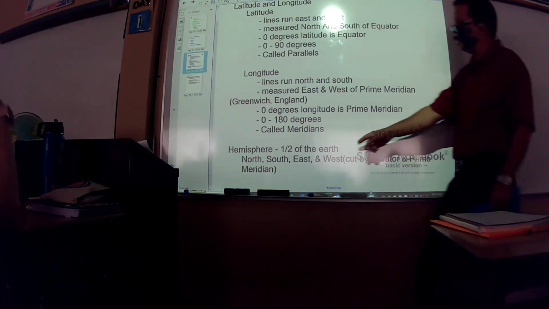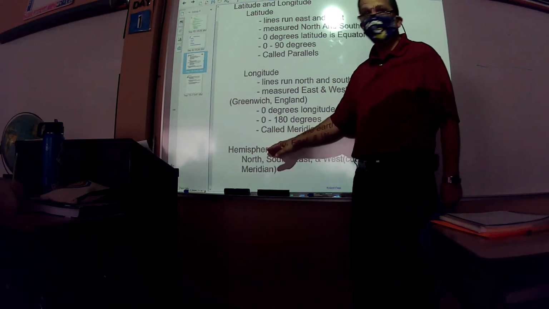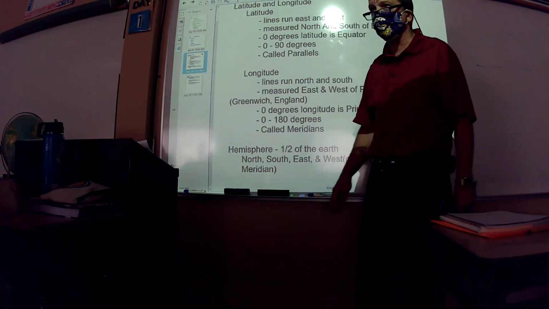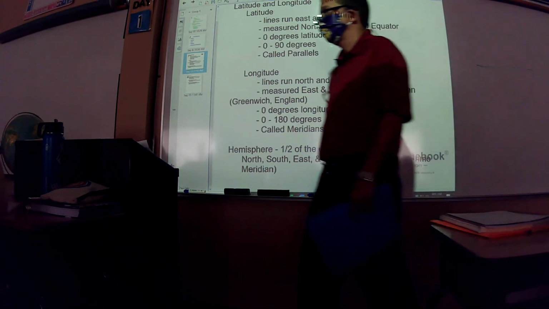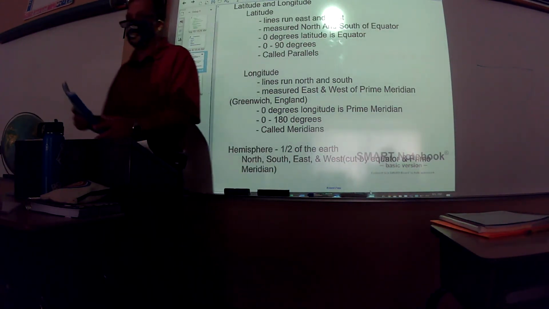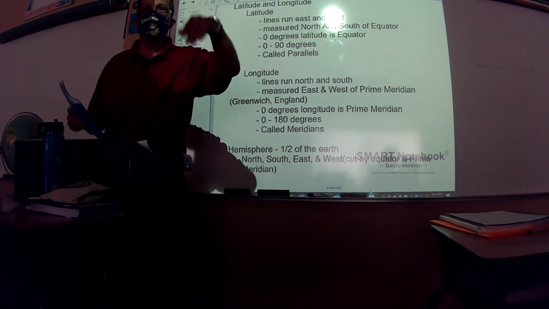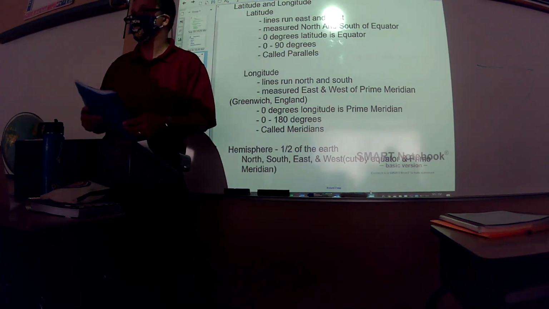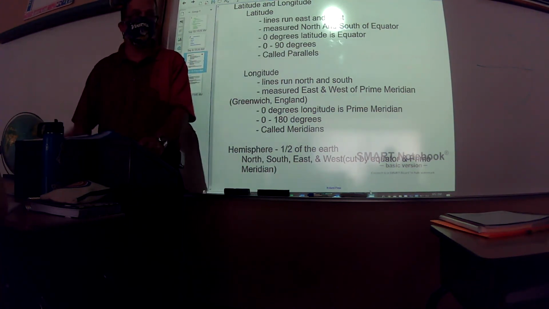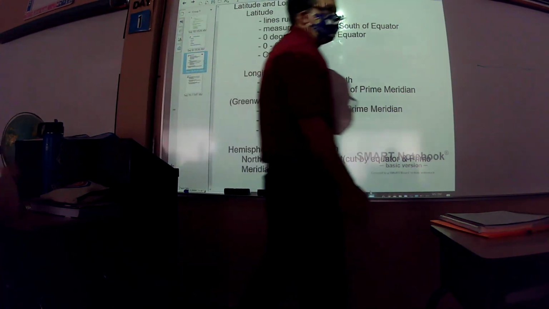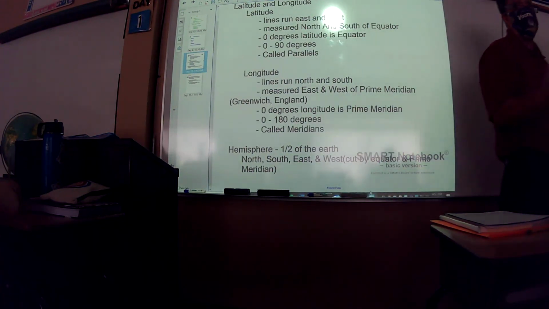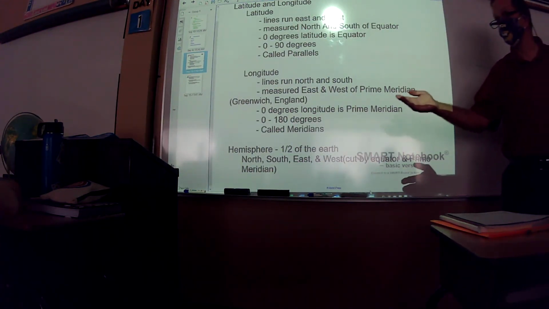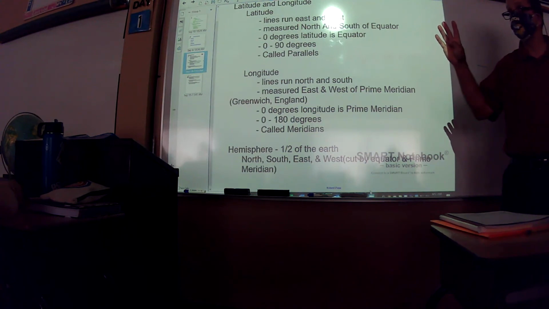The other term you need to know is hemispheres. Basically it cuts the earth in half. The equator cuts the earth in half, so we have 2 hemispheres: northern and southern. And then the prime meridian cuts the earth in half, and we have eastern and western. So those are the 4 hemispheres.